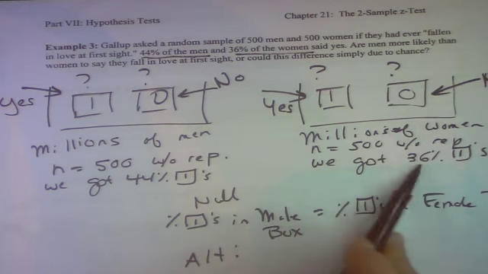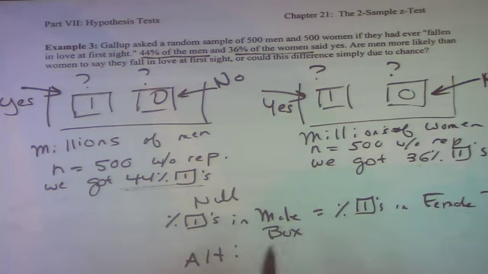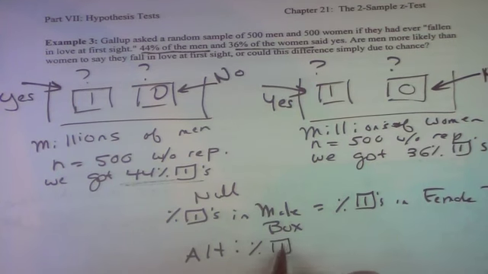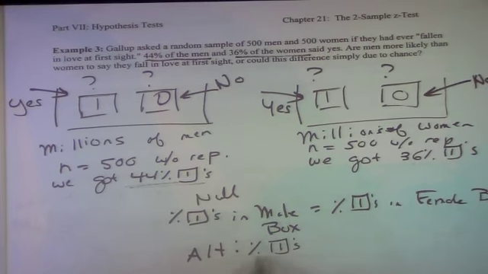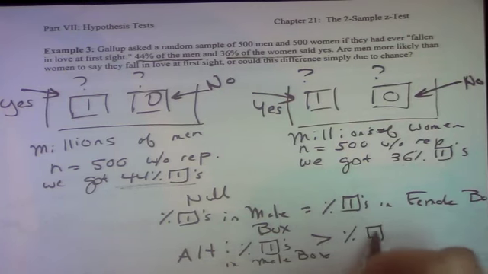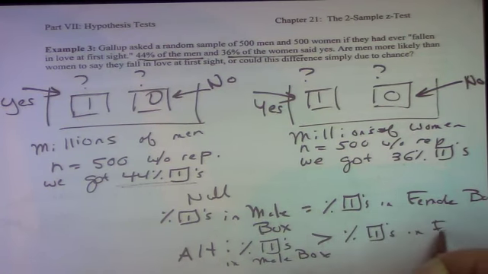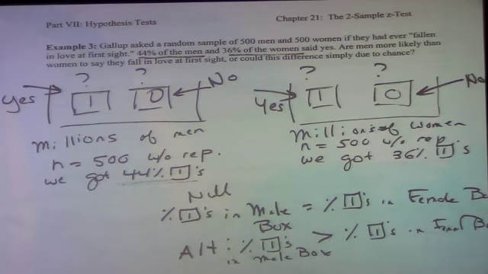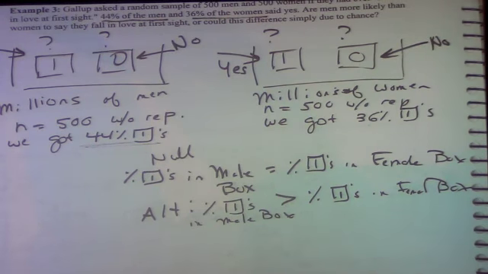The reason we saw more here is because men really are more romantic. That in the whole population, the percent of ones in the male box is really greater than the percent of ones in the female box. So how do we know? I mean, it's not a giant difference. It's not like 90% versus 10%, but I'm still curious.